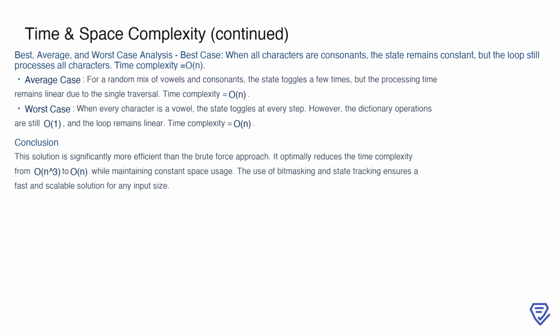Despite this, the processing time remains linear because the algorithm traverses the string once and performs constant time operations. In the worst-case scenario, where every character is a vowel, the state toggles at every step. Even in this case, the dictionary operations remain O(1), and the loop remains linear. Overall, the solution optimally reduces the time complexity from O(n³) in the brute force approach to O(n), while maintaining constant space usage, making it highly efficient and scalable for any input size.